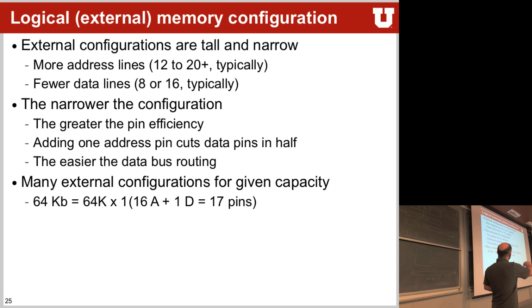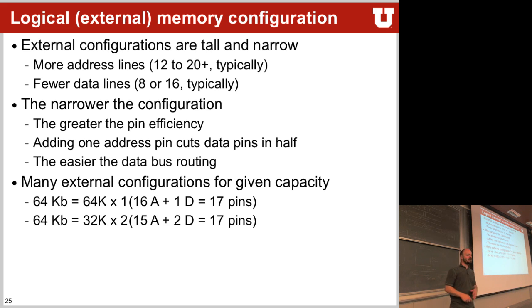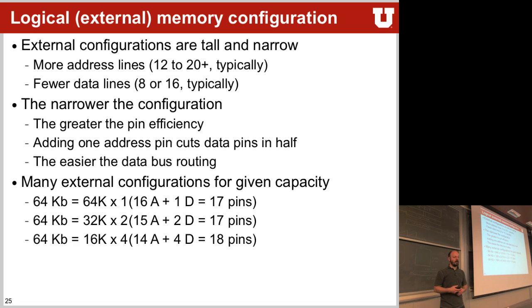That would be really nice, right? You can access 64K of data with just 17 pins. We can also do a 32K by 2. So now you have 15 addresses and 2 data lines. Also still pretty good.